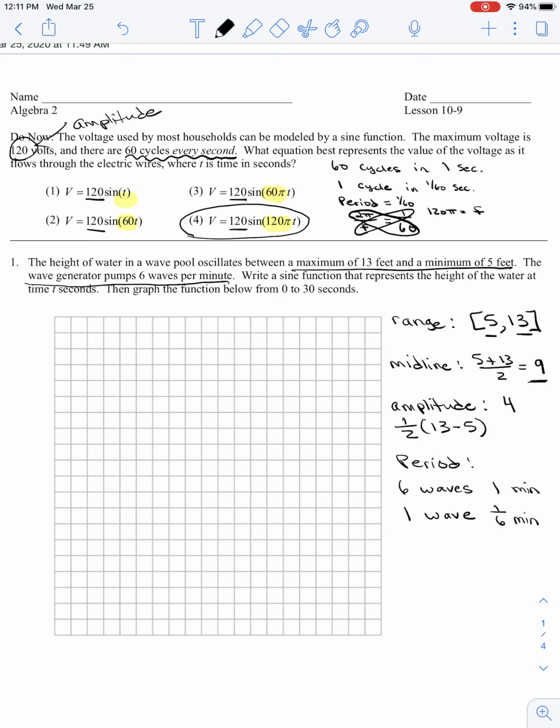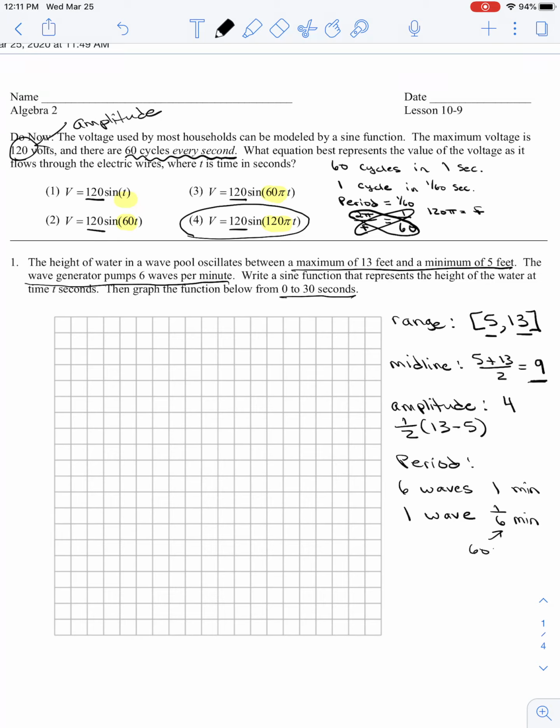When they asked me to graph the function, they said from 0 to 30 seconds. So I want to write this in terms of seconds instead. I have 1 wave in 1/6 of a minute, which is correct, but I want to think about how many seconds that would be. There are 60 seconds in a minute.